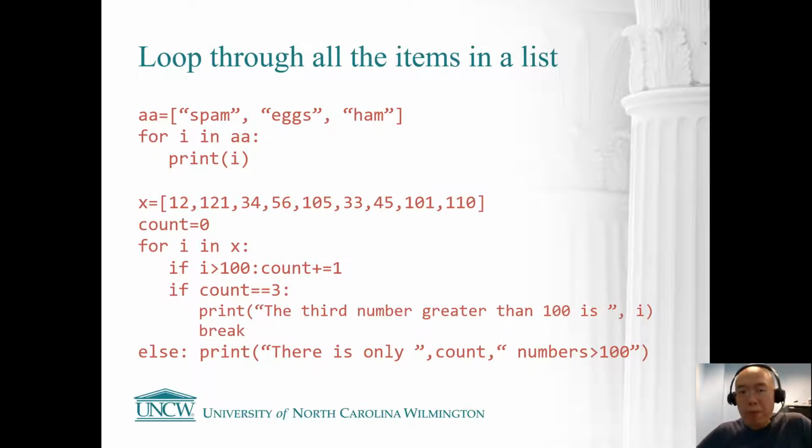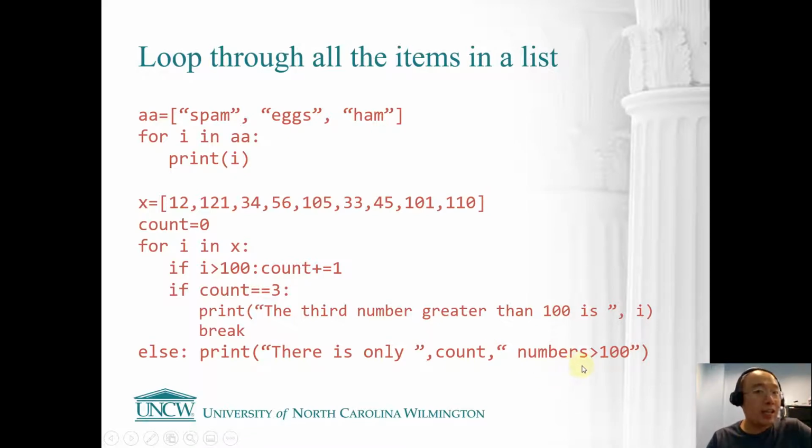Probably there's only one value greater than 100, or there are two values greater than 100, or there's no value greater than 100. But anyhow, I have finished visiting all the values, but I have not been able to find the third value greater than 100. So I'm doing an else, and then I'm saying there are only that many numbers greater than 100, so this search failed.